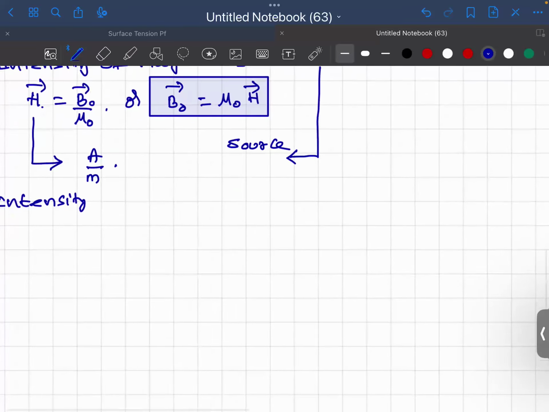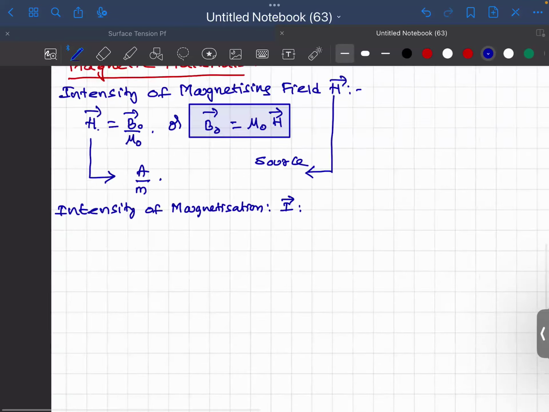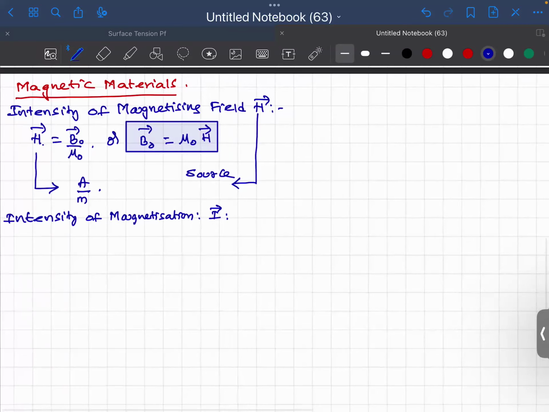Intensity of magnetization. This is actually represented as I bar. Remember, if magnetizing field is the cause, the effect is magnetization.